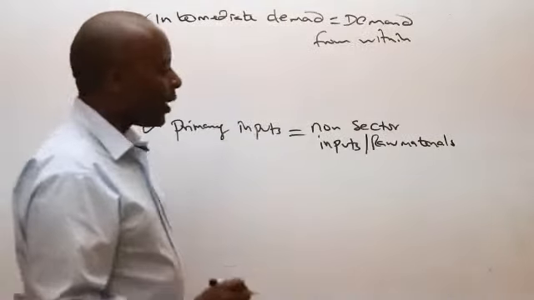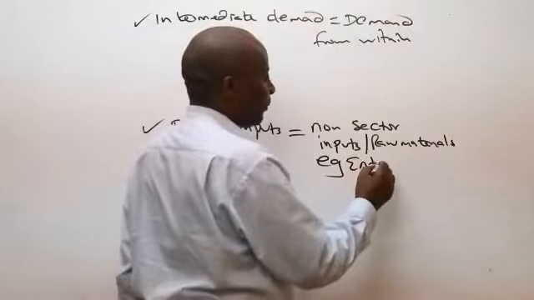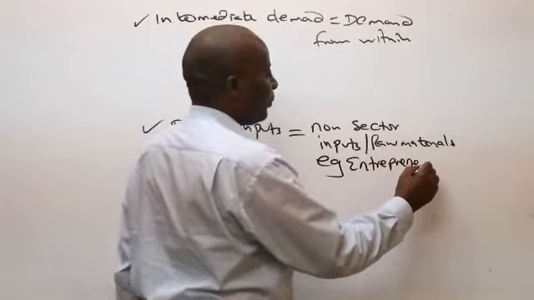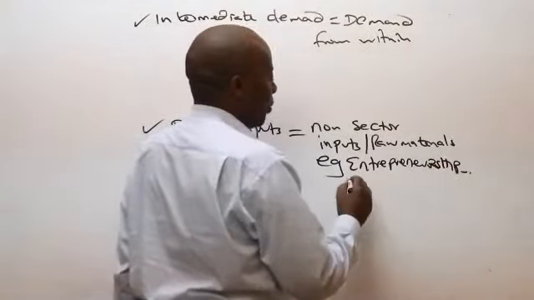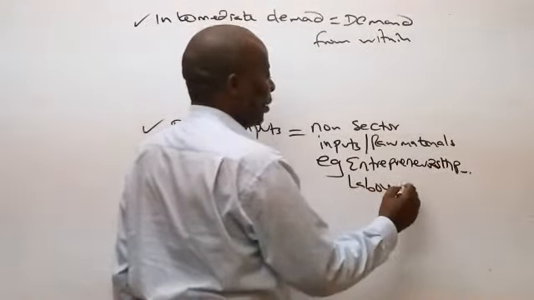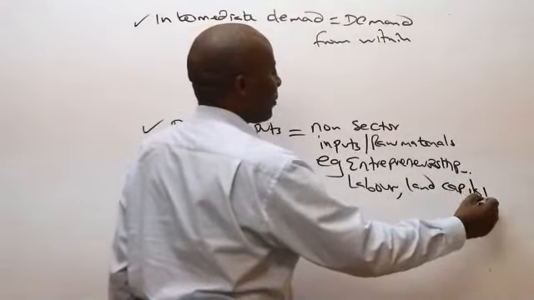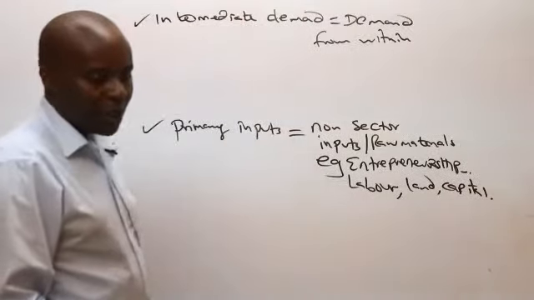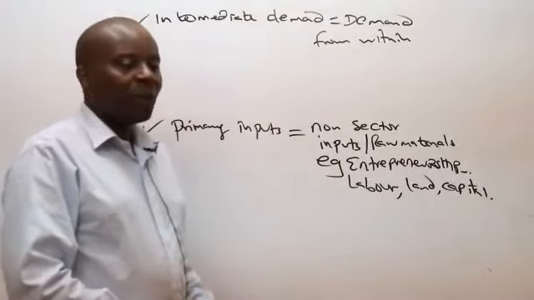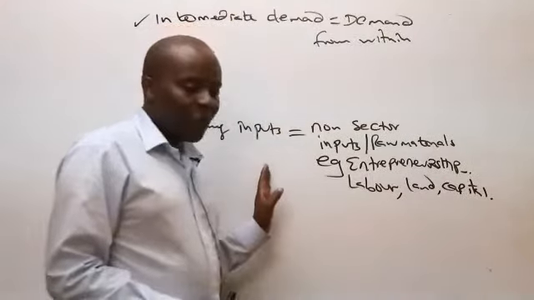A very good example will be entrepreneurship. We have labor, we have land, we have capital. There is no sector that produces these things. So we have to lump them together under what we call the primary inputs.